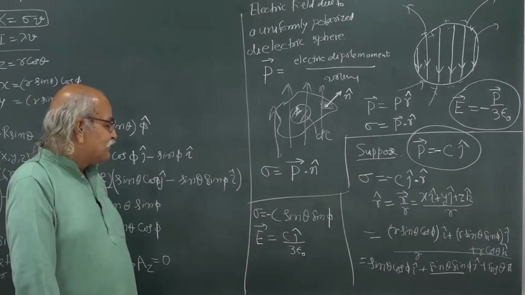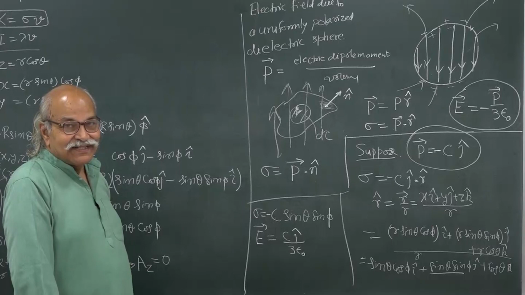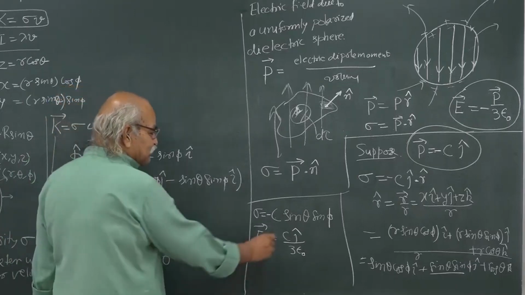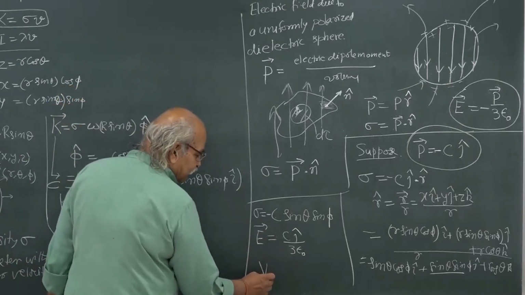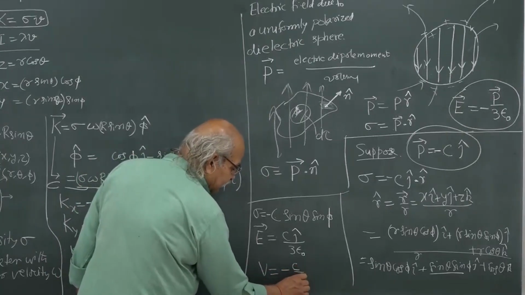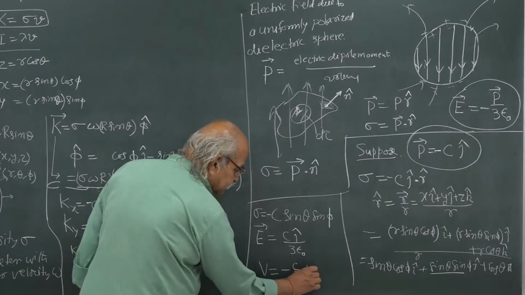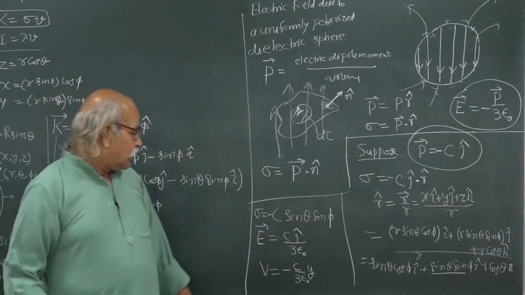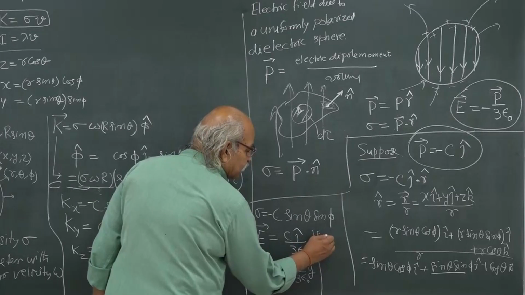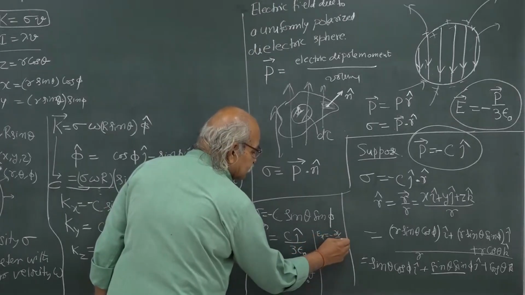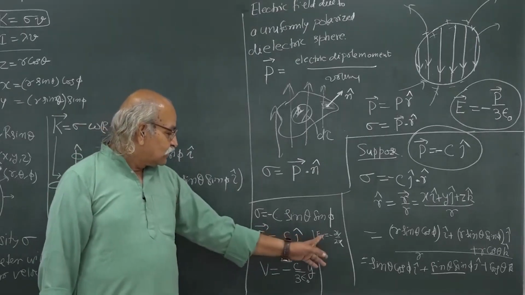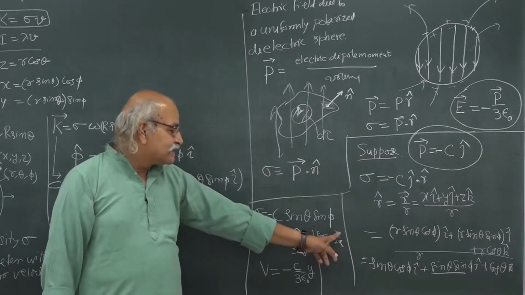And this electric field is constant. So, I can immediately write the potential, very simple. What will be the corresponding potential? The potential will be minus C over 3 epsilon naught y. Why? Because you know that Ex is minus del V del x. There is no x component of electric field, so you will not have any x dependence in the potential.